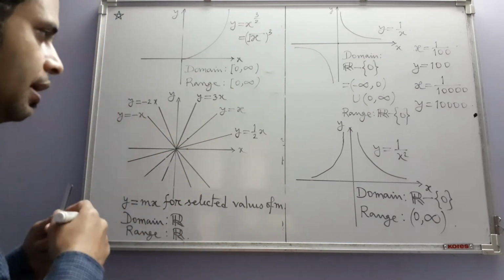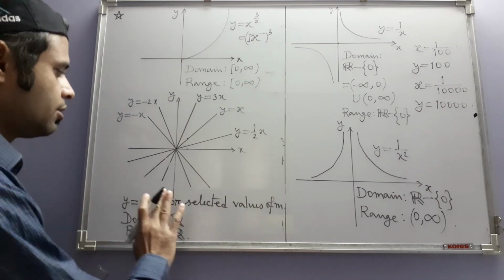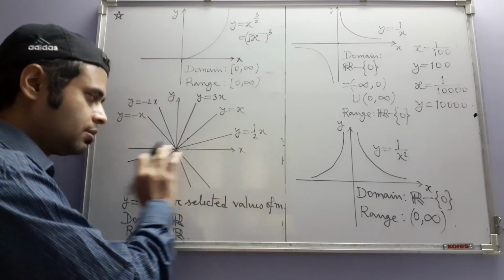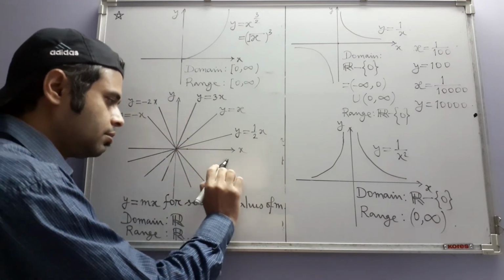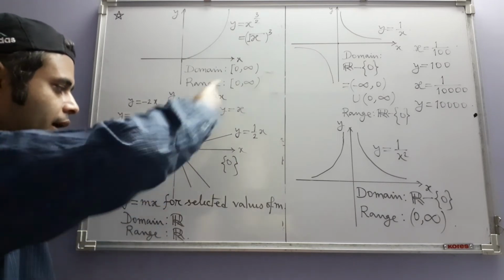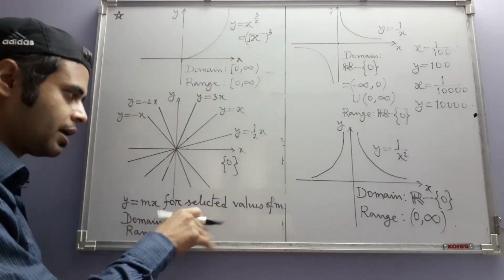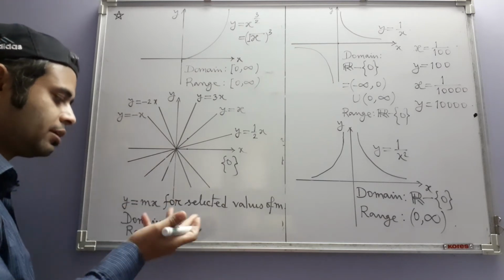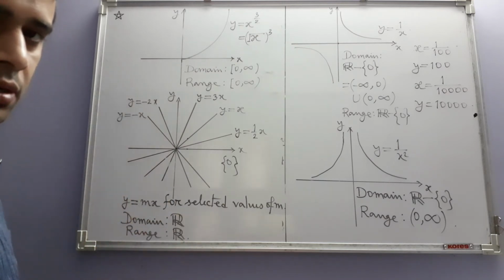In fact, you can take any value of y. So this is not the graph of a function, and this is a graph, but its range is only this. For the other straight lines, they are graphs of the function y equal to mx, where the domain and range are both equal to the set of real numbers.